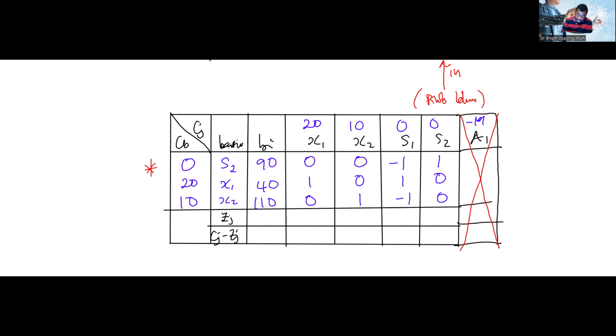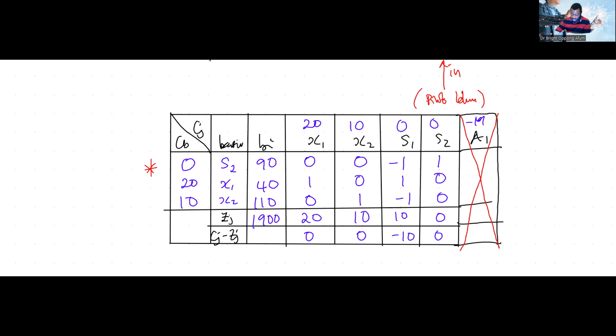So the z function then becomes 20 times 40, 10 times 110, and so that's 800, 1,100, so 1,900. Here, this one is 20, this one is 10, right? And 0, 20 is negative 10, so that is positive 10, 0, 0, 0, and that will be 0. So we have 0, 0, negative 10, 0.